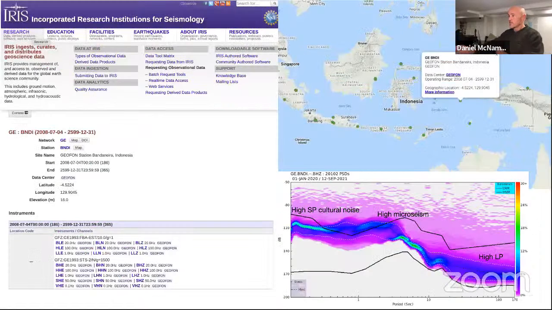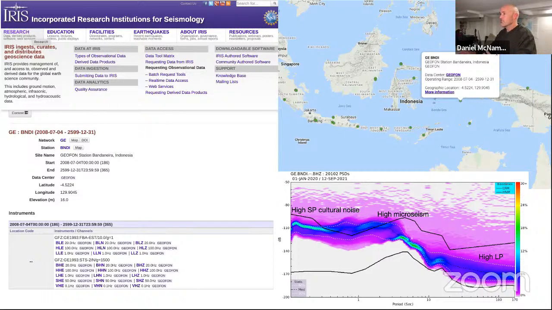And okay, here's a station that gets very, very high noise levels from the microseism all the way to the short periods. So you can see from about 0.1 seconds all the way to about 3 or 4 seconds period. It's very high noise levels up around the high noise model.